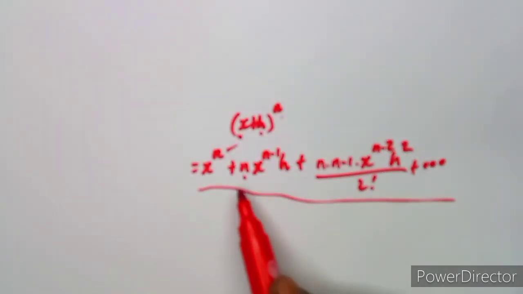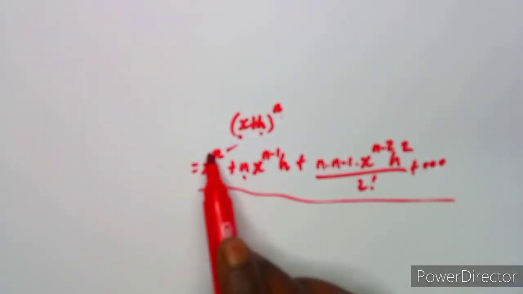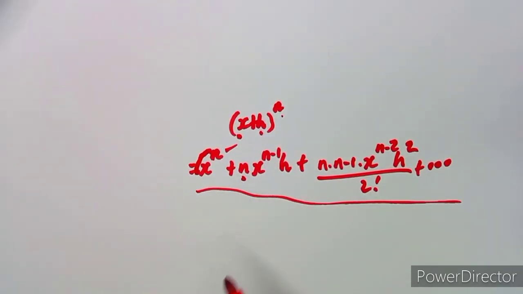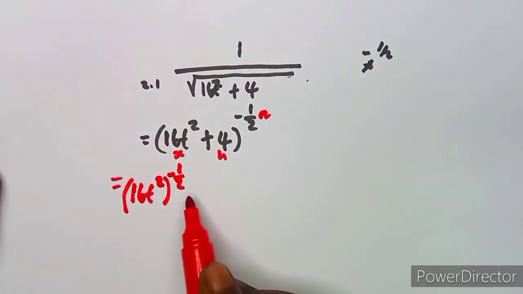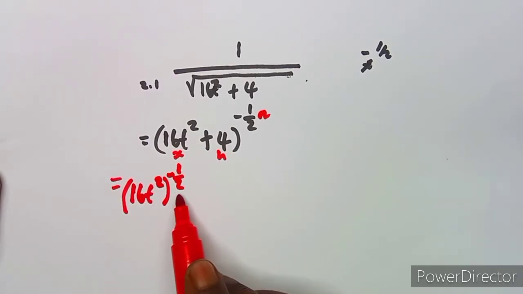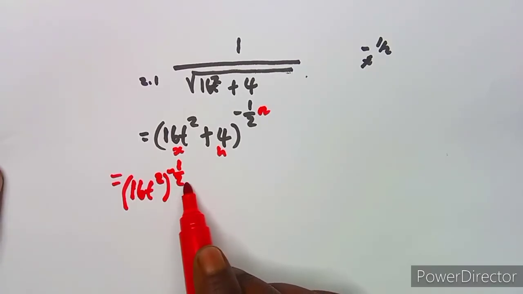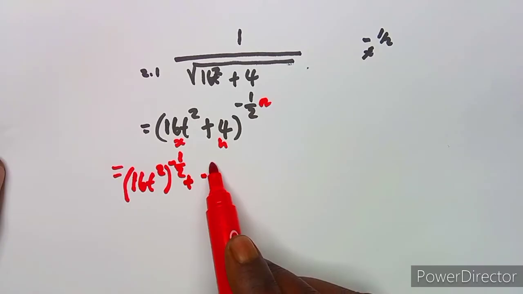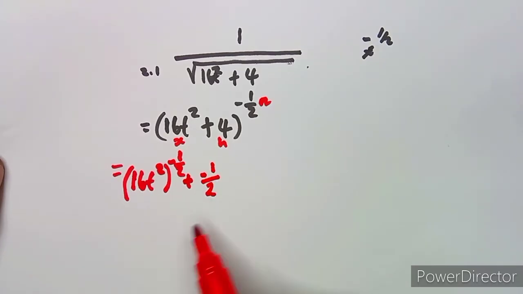We move on, plus n, which means here we have to drop this exponent, which is n, then we have to subtract 1 on the exponent. So it's going to be plus, which means at this stage we multiply by negative half in this case. So it's going to be plus, we drop the exponent, which is negative half, like this, all right.